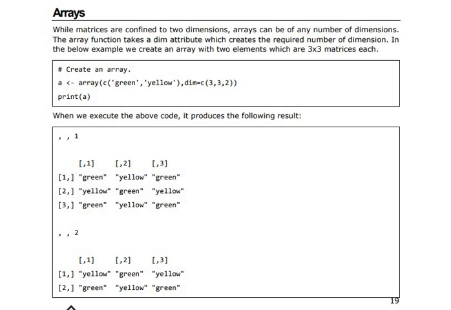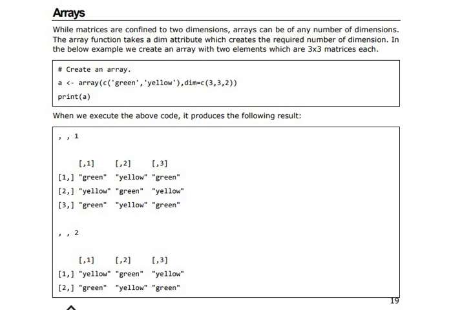As we know, matrices are of 2 dimensions only, but arrays can be of any number of dimensions. So we use the function array. See the example, array within brackets c(green, yellow), comma, dim = c(3, 3, 2).